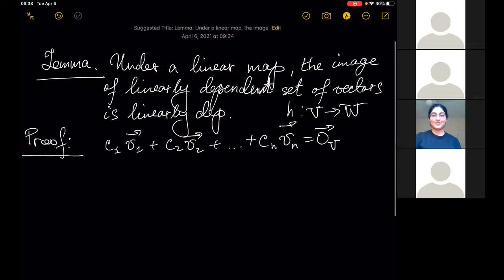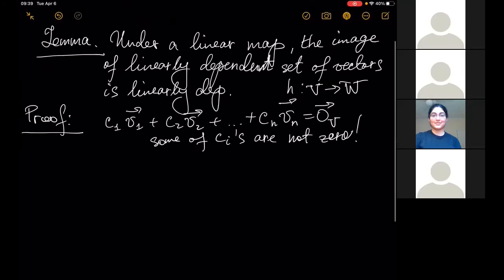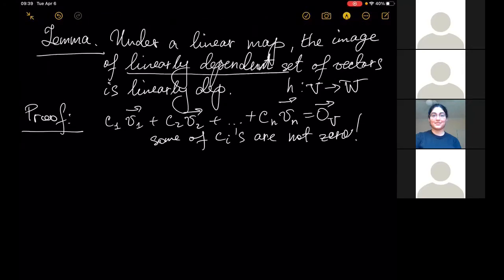So we start from this linear combination, where the sum of the c_i's are not all zeros. This is the same as the statement that this set of vectors is linearly dependent, right? We have proven this before.